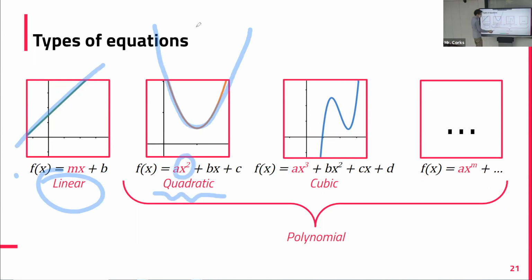So it's just something squared: ax squared plus bx plus c. Another kind is a cubic: something x cubed plus something x squared plus something x plus something. And these can all continue on for whatever exponent, x to the 4 and 5 and 6 and 7.